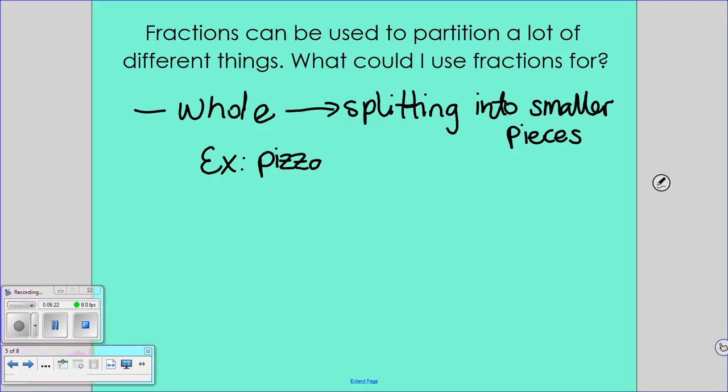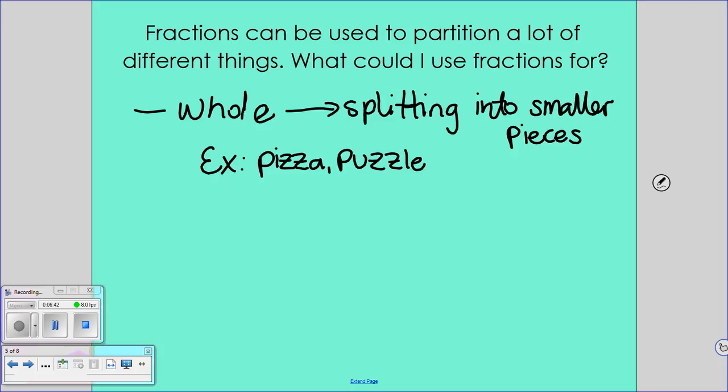Okay, so each piece, and you could keep looking at it and then make the whole puzzle. Sure, that's another example of a whole. We have our whole puzzle, but we've split it up into a zillion pieces. Yeah, good example, good example.